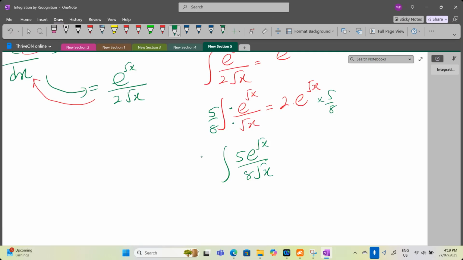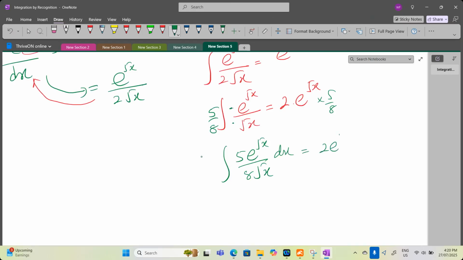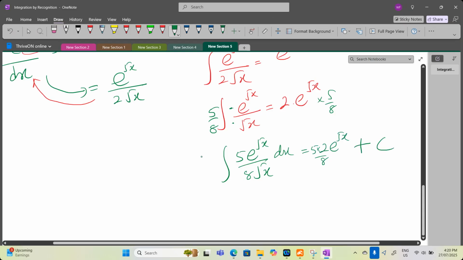Just bring that 2 to the other side and then multiply both sides by whatever you want. So you get the answer, times by 5 and divided by 8. So simply you can do that. If you don't have limits, put plus c. Otherwise, you don't have to do that.